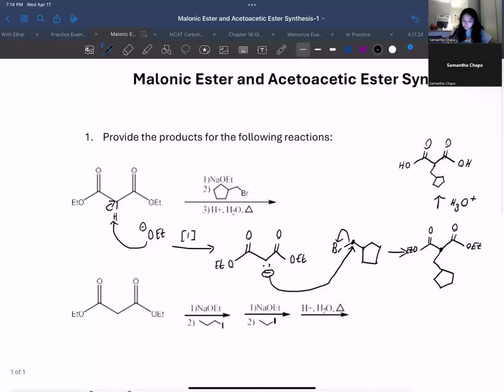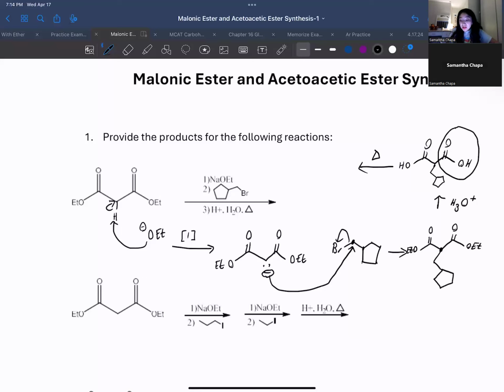There we go. And finally, the last step, heat, is a decarboxylation reaction. So whenever we see it, it takes off a whole carboxylic acid group, or it'll come off as a CO2 group.